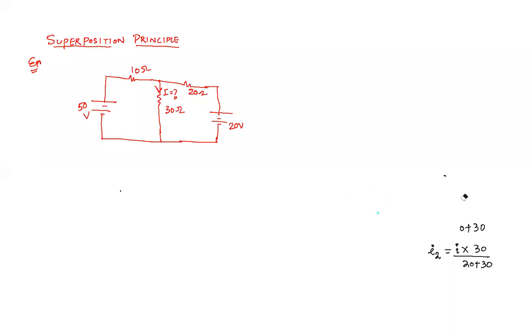So in the second step, what are we going to do? We are going to consider the 20 volt, and the 50 volt is going to be short circuited. That also I am doing.